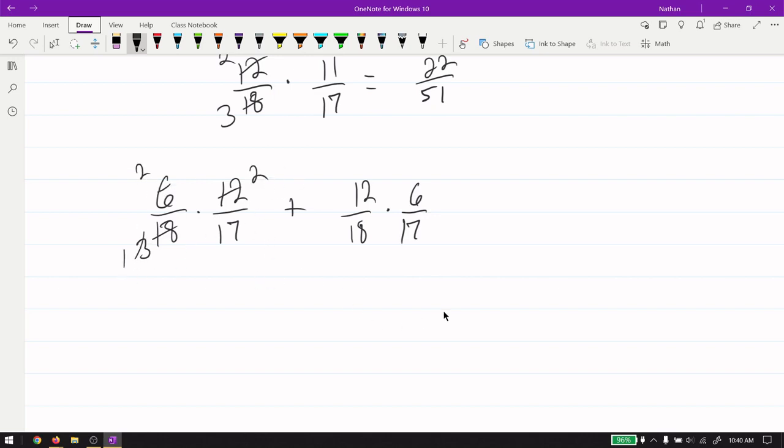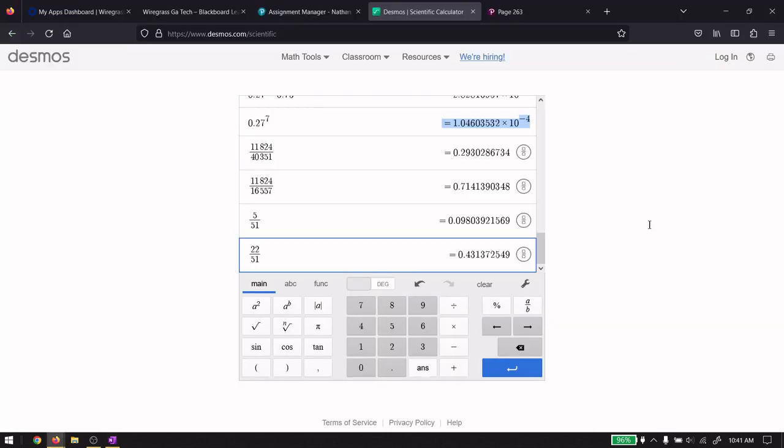So it's going to be 4 over 17. This one does the exact same thing, this is going to be 2 over 3, and this is going to be 1 and 2 here. So we get 4 over 17 plus 4 over 17. That's a probability of 8 over 17. 0.4706.